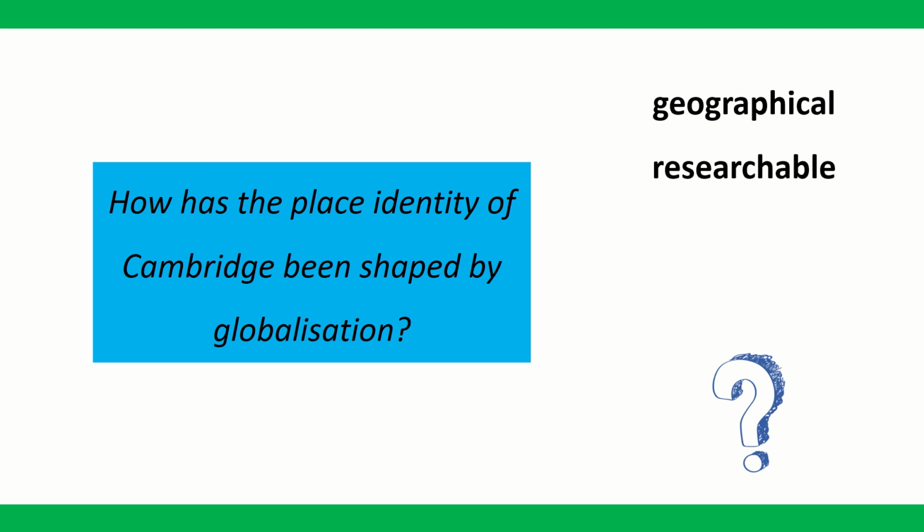Is it researchable? Well, there's certainly a few different methods we could use and employ to investigate the place identity of Cambridge. We could carry out some surveys, we could carry out some questionnaires, and all of that would help us to establish and collect data about Cambridge's place identity.